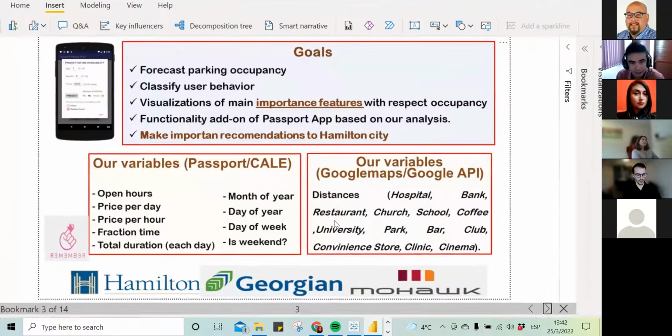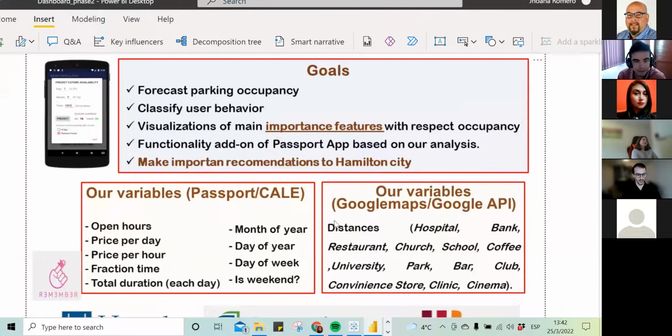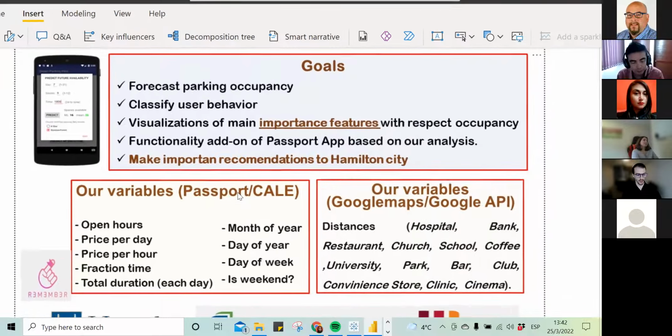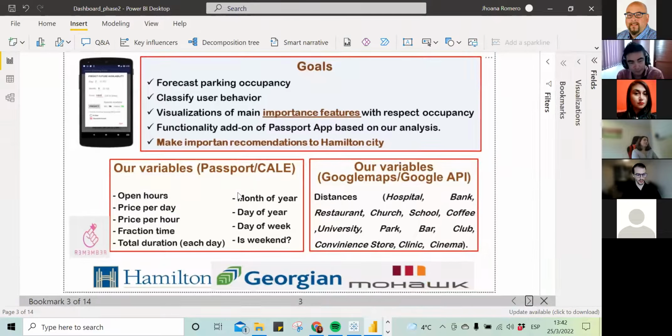Here are again the goals. Mostly we are focusing here on the top left. We can see a mobile phone. Mainly, this data was from Passport and Kale apps, and all of our work that we have submitted in both phases can be implemented as an add-on on a Passport app.